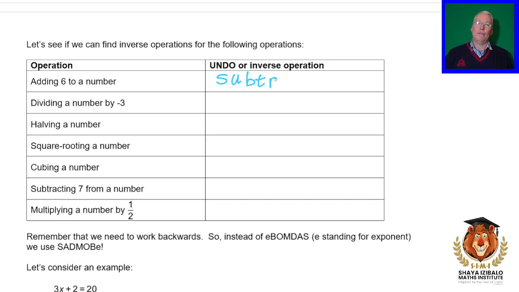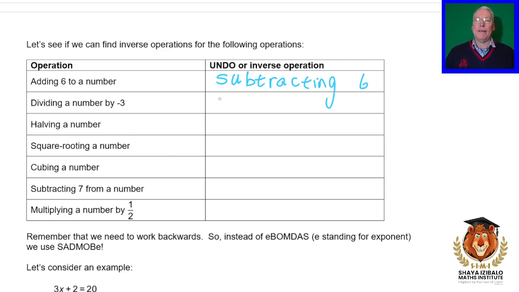We can check this using any number. What an undo operation should do is take us back to where we were. It's a little bit like putting on a jersey, taking off a jersey. You're back to where you were. So let's take a number, for example, 3. If we add 6, we get to 9. If we subtract 6, we get back to 3.